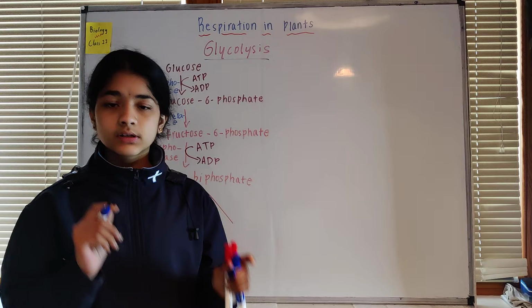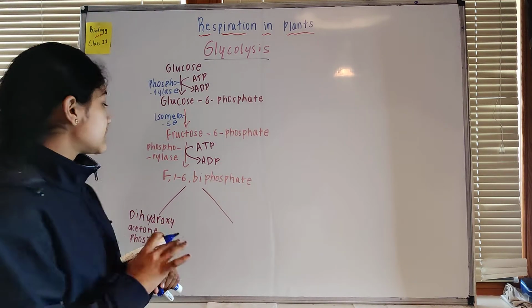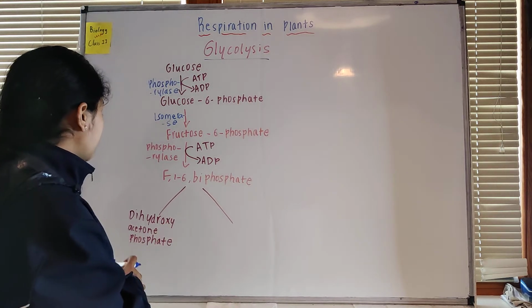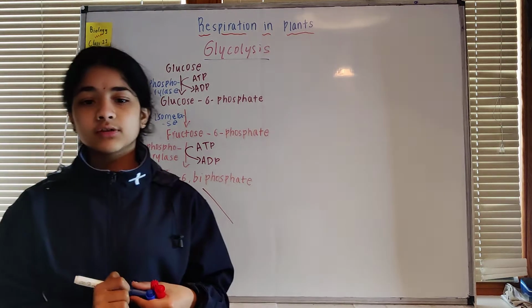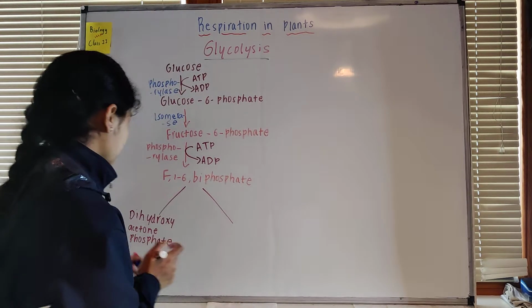Dihydroxyacetone phosphate is the first compound which is synthesized in this case. So this F16-biphosphate is split into two compounds. One of the compounds is dihydroxyacetone phosphate. The next one is known as glyceraldehyde 3-phosphate.